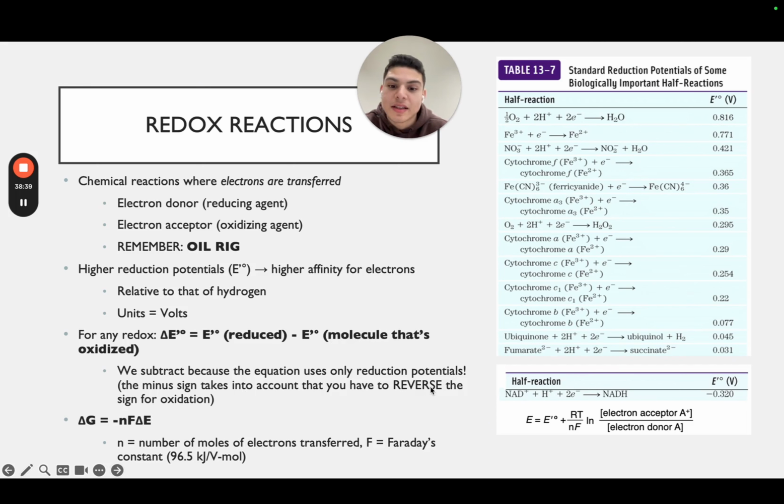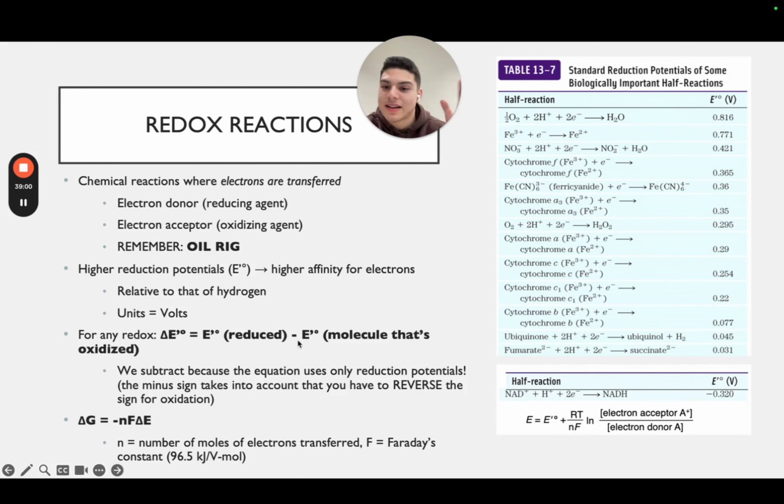The minus sign takes into account that you have to reverse the sign for oxidation. So we would just leave it as this, essentially, this reduction. Now, if we were to flip it to 0.32 and it was coupled to some other reaction here, well, then we flipped it because this is a molecule that's going to become oxidized, and it'll be plus 0.32, and there wouldn't be a negative sign here anymore.